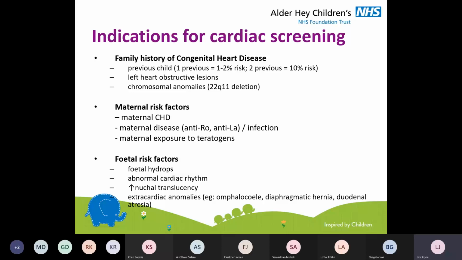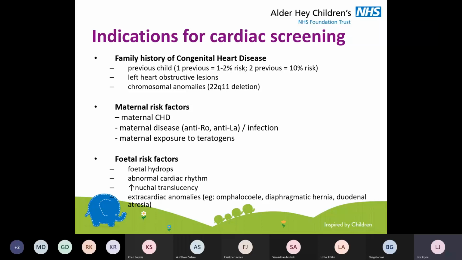So what about cardiac screening? Let's go back to cardiac screening. So indications for cardiac screening include a family history of congenital heart disease. As I said, if a previous child or one of the parents is affected, then you want to screen for the affected fetus or the potentially affected fetus.